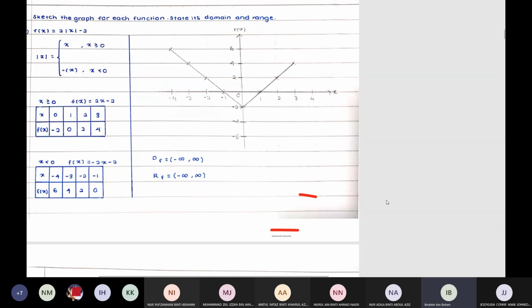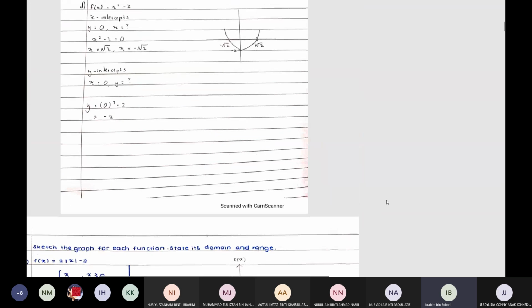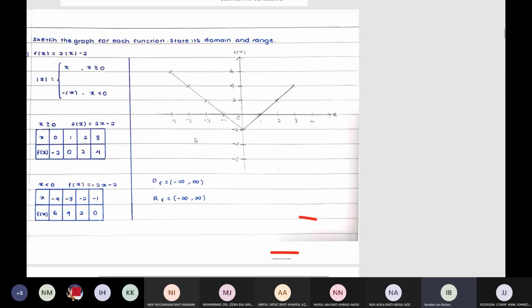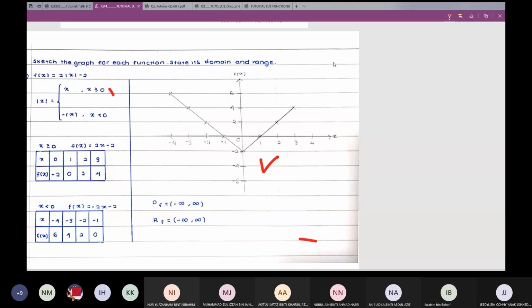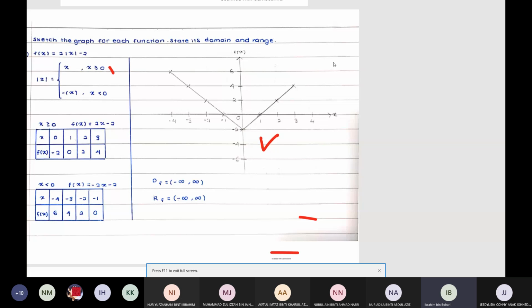Okay, first you write down the modulus function. f(x) equals x and domain of the function greater than or equal to 0. And the second function negative x, domain here less than 0.